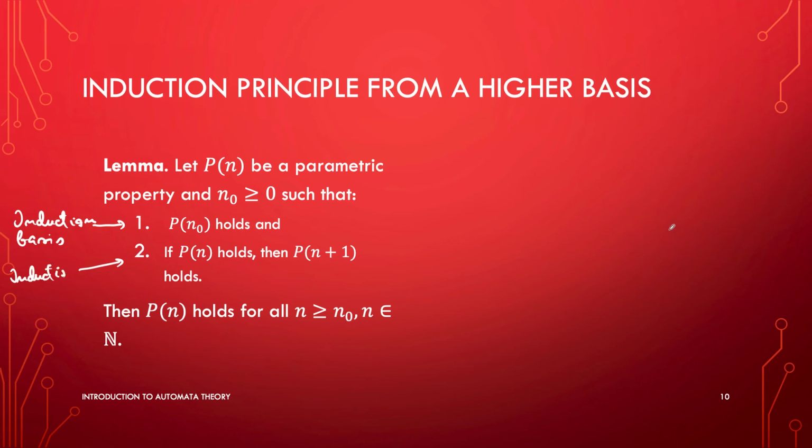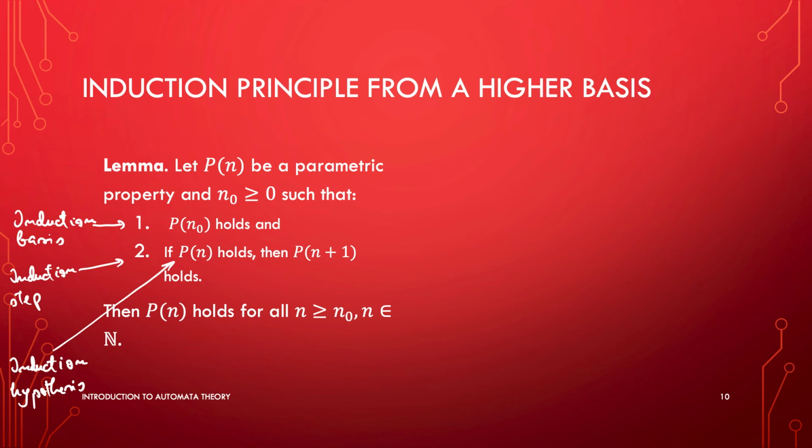This induction step is, in fact, of the exact same form as in the standard formulation of the induction principle. So we have this induction hypothesis, you are assuming it, and you are aiming to prove that P of n plus 1 holds.